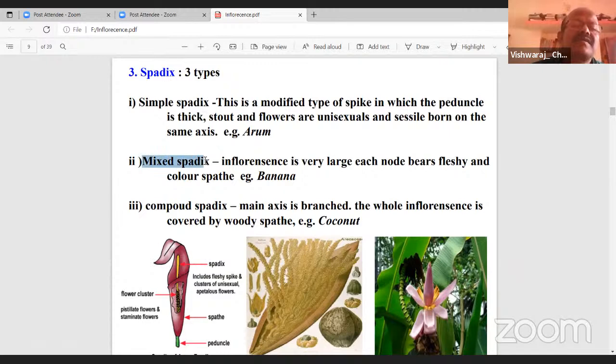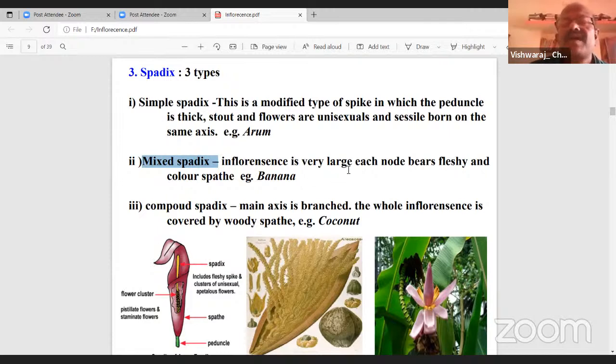Then compound spadix. Inflorescence is very large. Each node bears a fleshy and colored spathe. Example: banana.